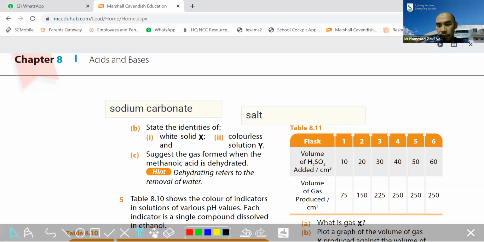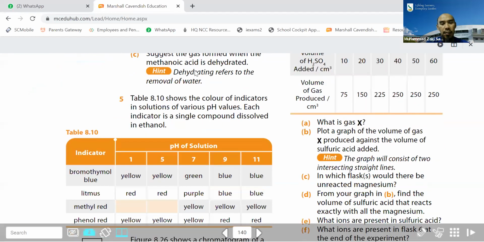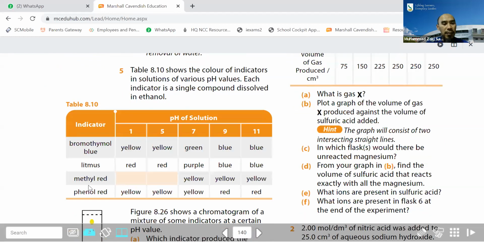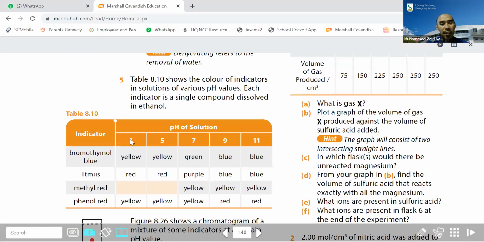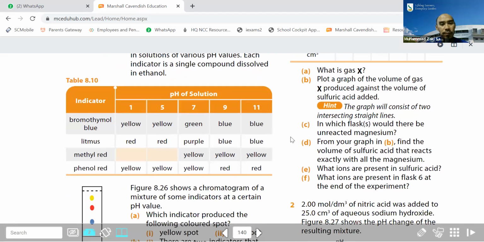Another common question that you can ask for this topic is something like this. They give you different indicators, and at different pH, different indicators will show different colors. But this question is very special.